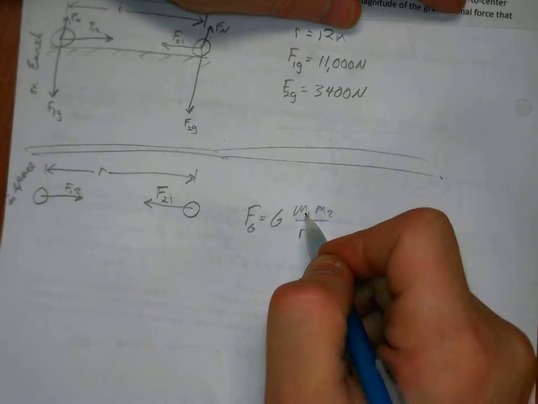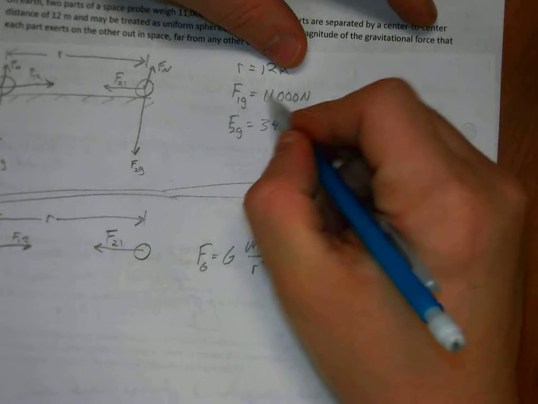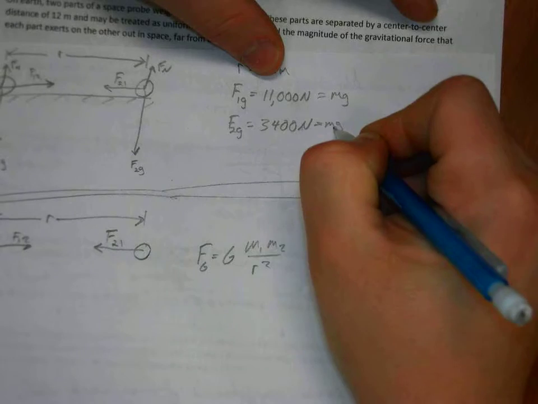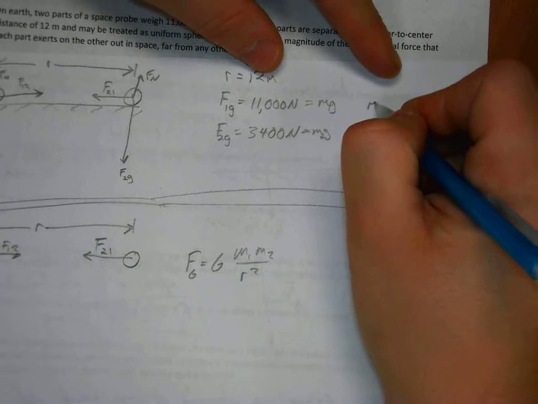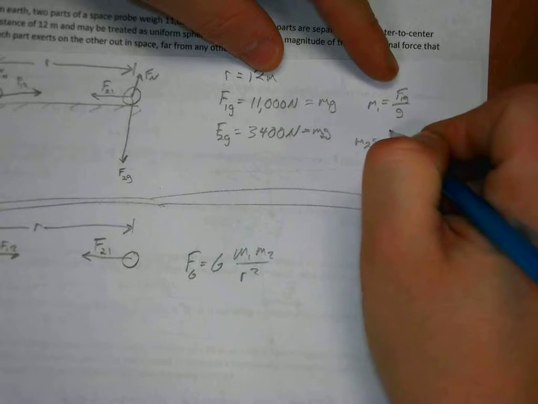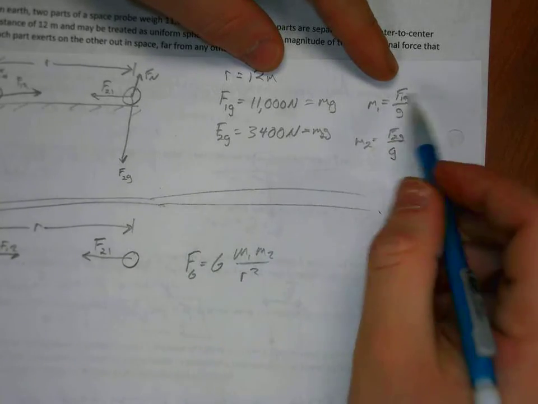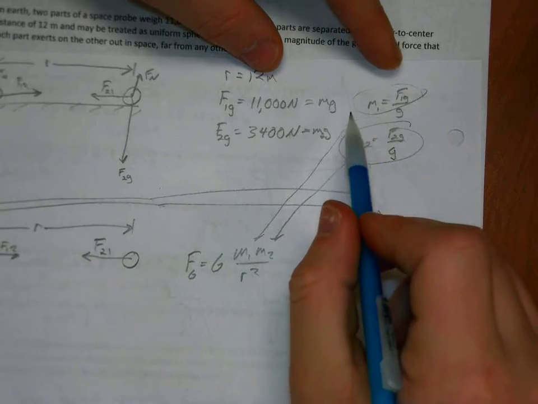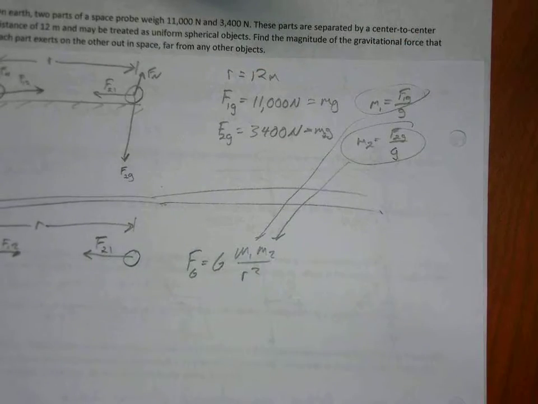Again, we don't have the mass, but we can go back here to the on Earth example and say, well, this is the force of gravity on Earth's surface, so that equals m1g and m2g. So therefore, m1 equals F1g over g, and m2 equals F2g over g. I can plug those in because if you find the mass on Earth, that mass is going to be the same in space because mass is a constant thing.